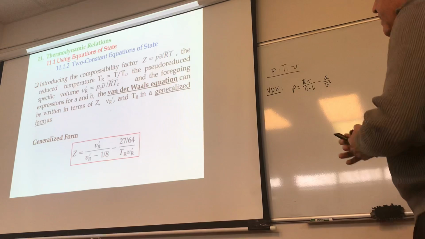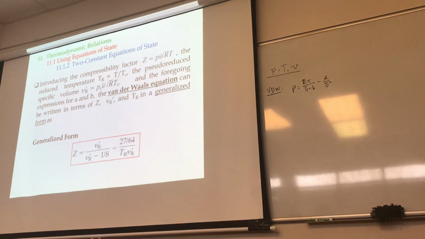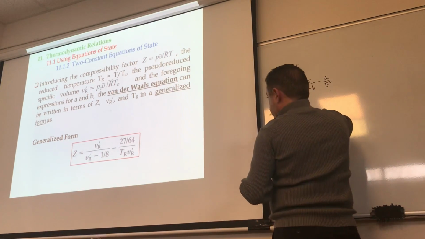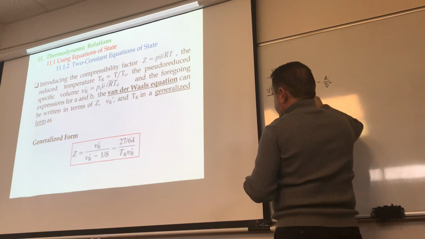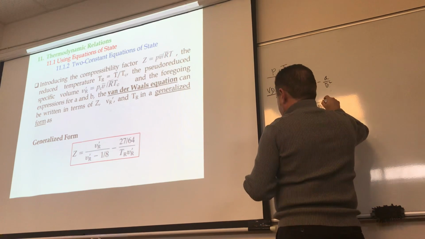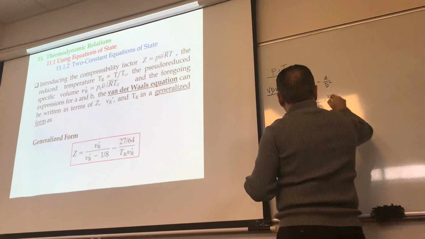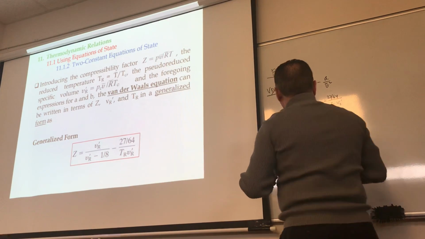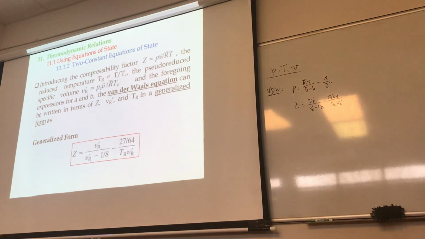Then this generalized equation becomes, for van der Waals, Z equal to simply V_R prime divided by V_R prime minus 1/8, minus 27 over 64 over T_R V_R prime. Again, you don't need to know about the origins of this just yet.